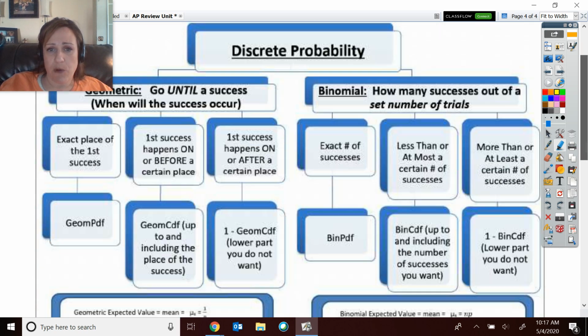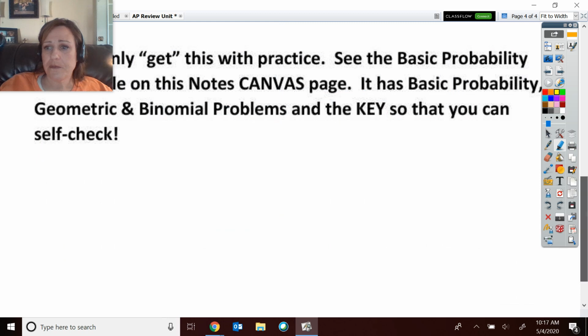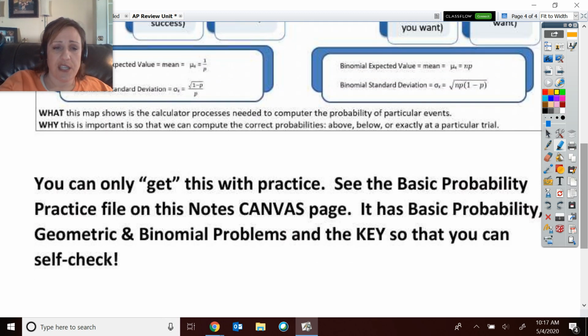I put basic probability, which includes the geometric and binomial practice, in this notes section, so you'll find another link to that. It has some basic problems and the key of me working it out. So it lists about 2 or 3 pages of basic problems and then 2 or 3 pages of me working it out, so you can self-check yourself before you start doing the next assignment.